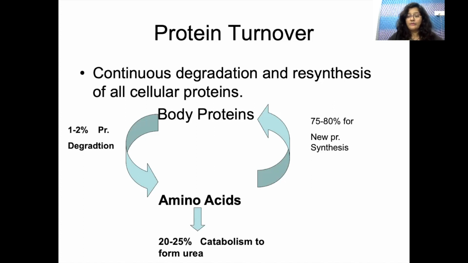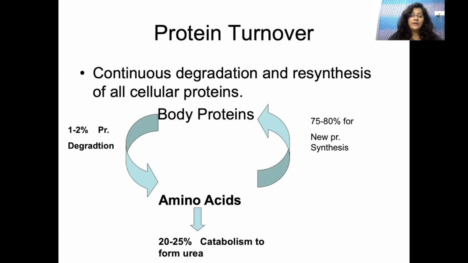That means whatever protein is in our body is not static, but undergoes continuous degradation and resynthesis of cellular protein. This is known as protein turnover, and that's why we say our body proteins are in a dynamic condition.